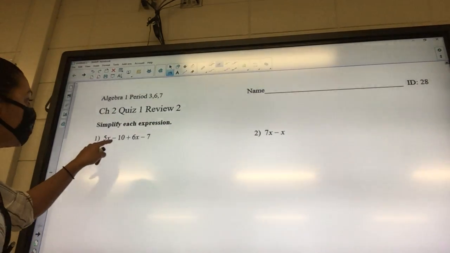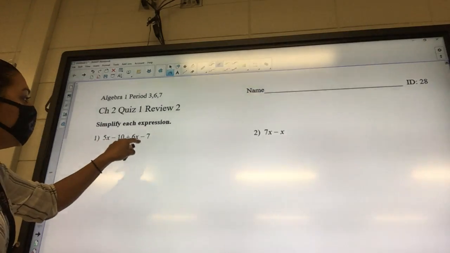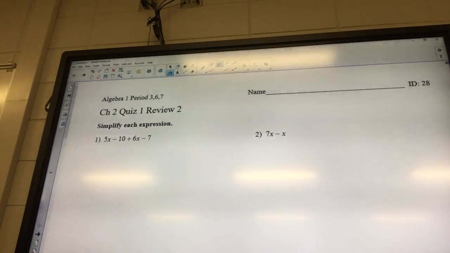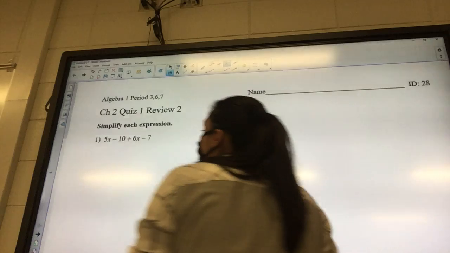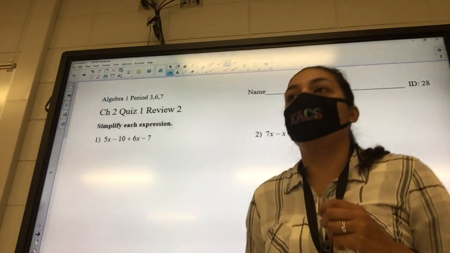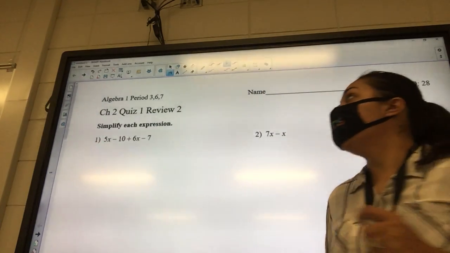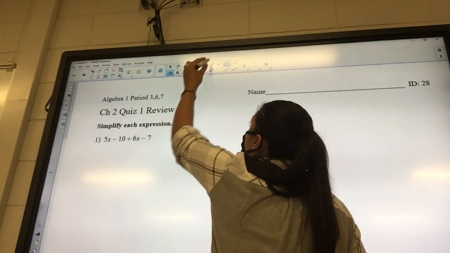And then some of you guys are still saying plus 10 and then putting the plus 10 over here to combine them. The only time we do that is if we're moving it to the other side of the equal sign. So number one, we look at it and ask, what can we combine? Because what does simplifying each expression mean? Combine like terms. That's what it means.